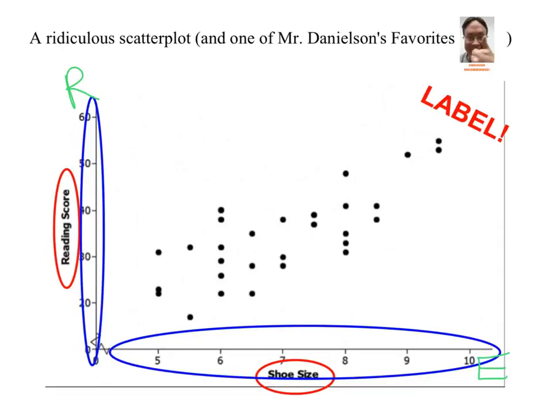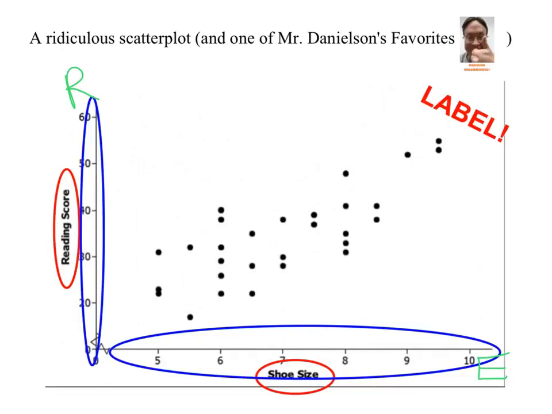Obviously, the older you get, hopefully, the better reader you are, but you also will have bigger feet. So these are probably your older students, and these are probably your younger students. So get in this habit of thinking cause and effect, explanatory response. This isn't a cause and effect situation at all. Having bigger feet does not make you a better reader.